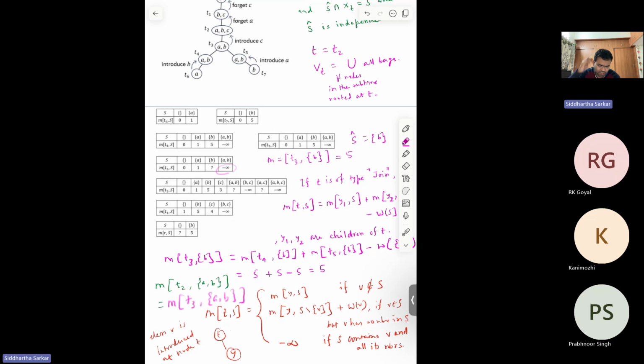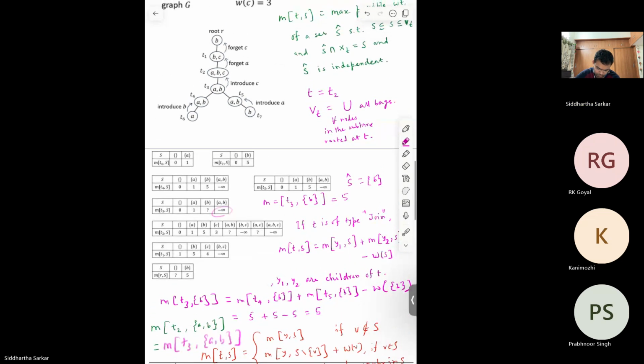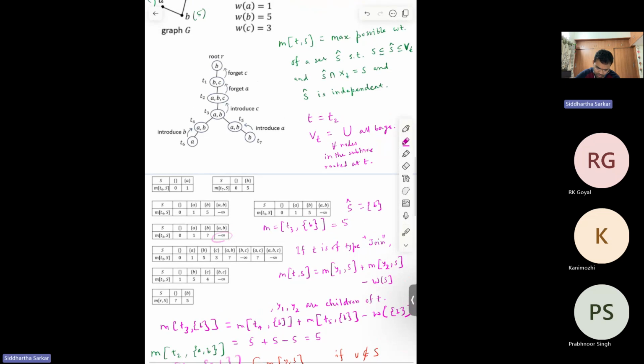So what does it mean? Let us understand. We are asking for the maximum possible weight of a set S-cap such that S, that is in our case A comma B, is a subset of S-cap, and the intersection of S-cap with XT is S. XT itself is ABC, and S is AB.